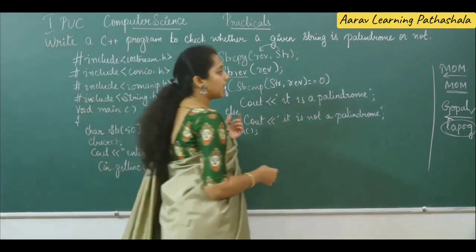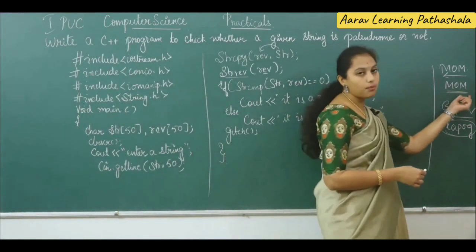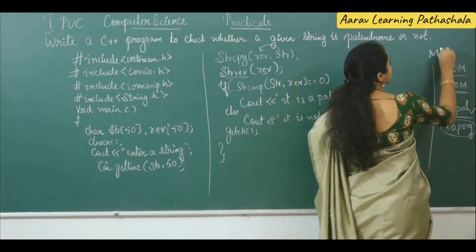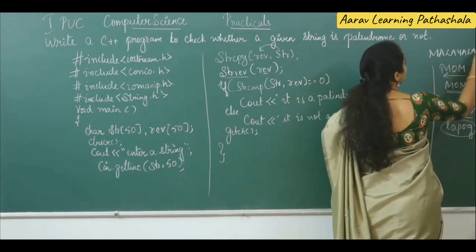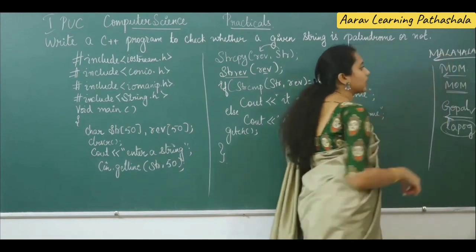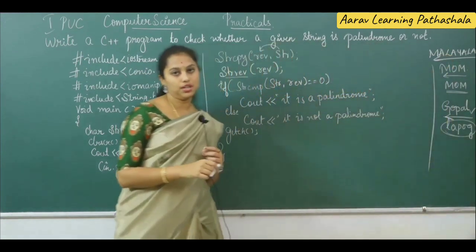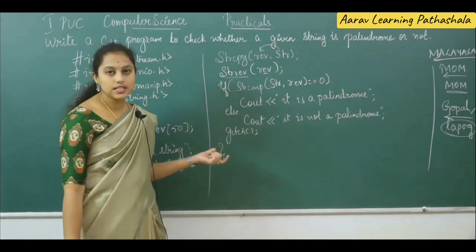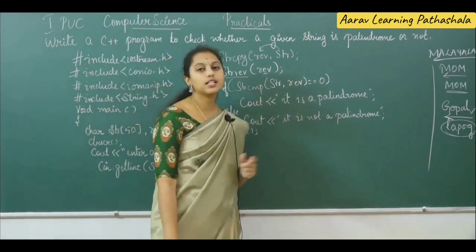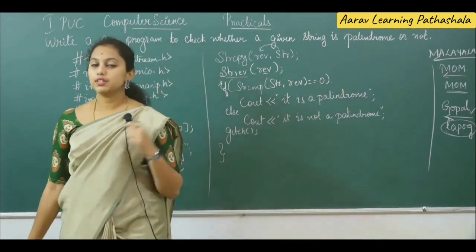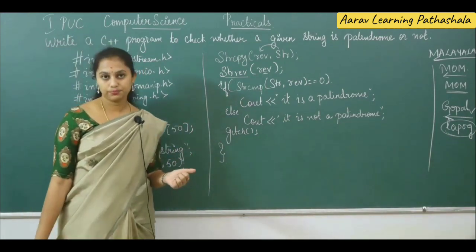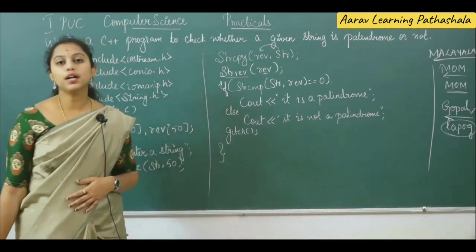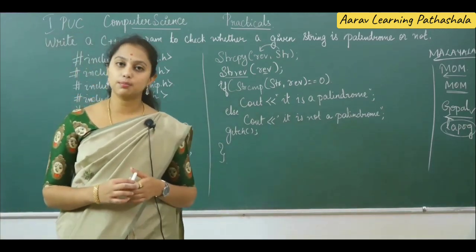If the contents are the same, like mom or Malayalam, even if you reverse this string, you will get the same string. So if the contents are the same, we print that it is a palindrome, else it prints that it is not a palindrome. Now let's see how to execute this program in Turbo C++.